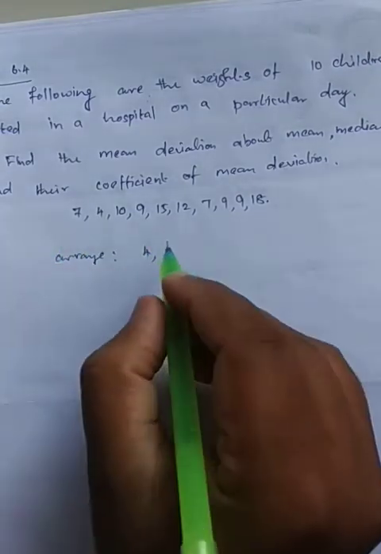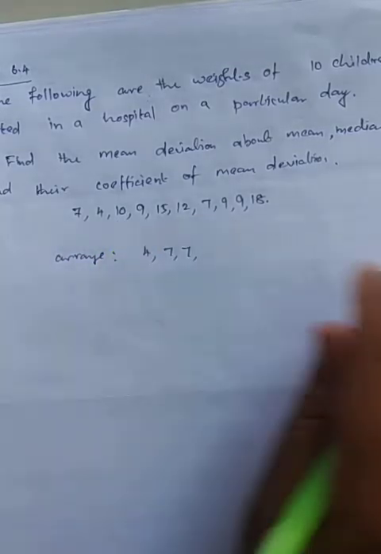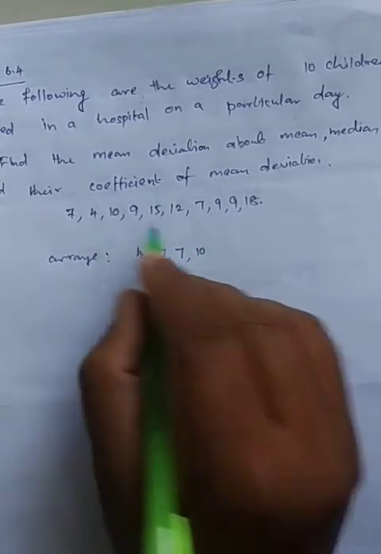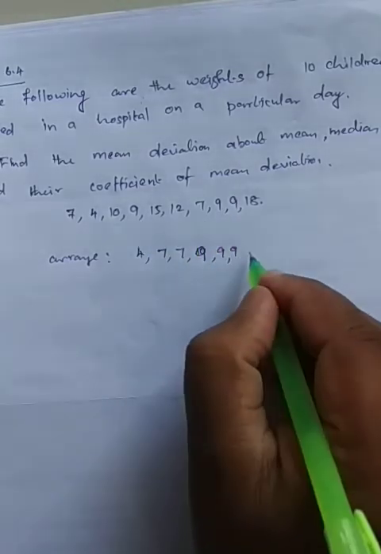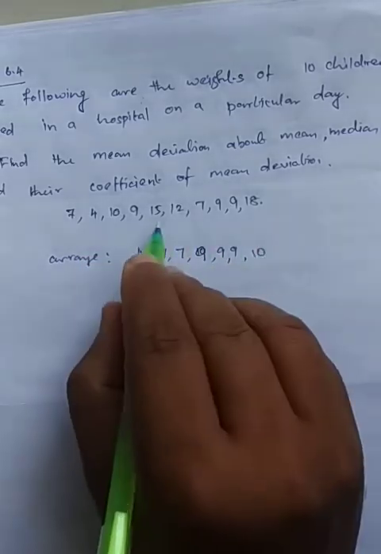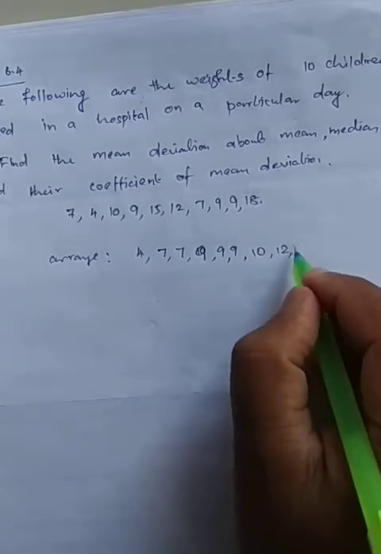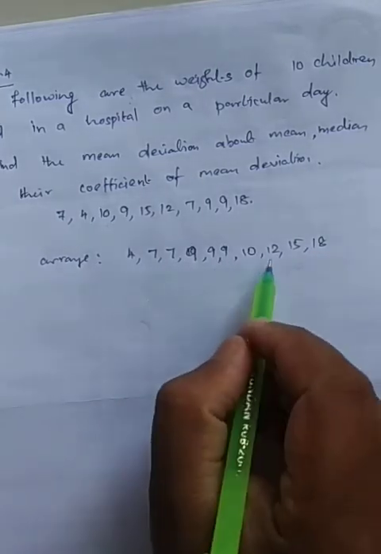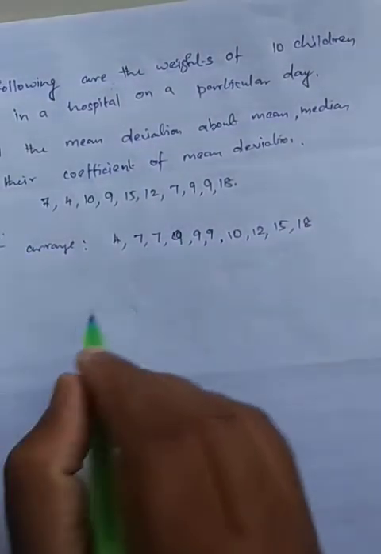Then 7, 7, then 9, 3 nines, then 10, then 12, then 15, then 18. Just count how many data there are: 2 4 6 8 10. So n is 10.